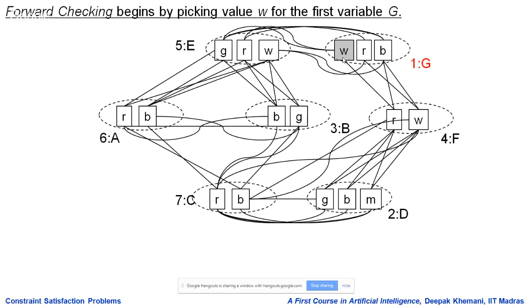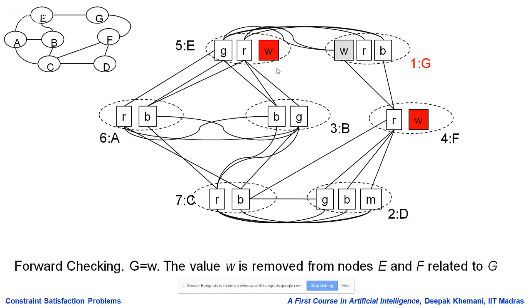If you color G white, then you cannot color E white and you cannot color F white. So forward checking will remove those values from these two domains of E and F. It doesn't matter in which order you are going to process them. These are both future variables, and the values that you are seeing in red are inconsistent with the choice W for G, and therefore they are removed.